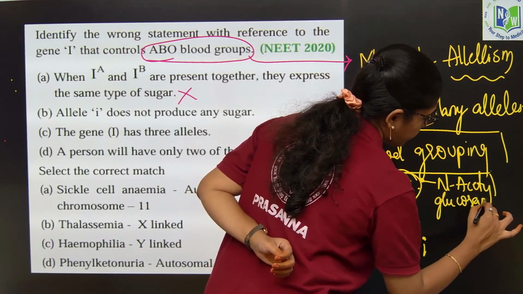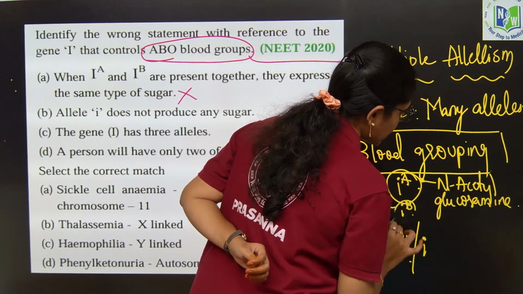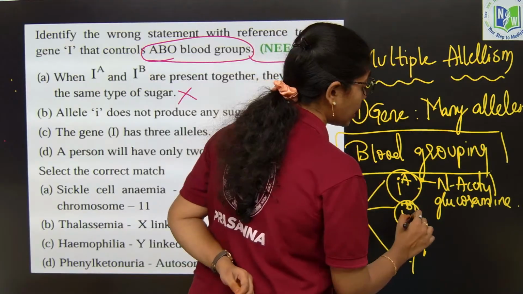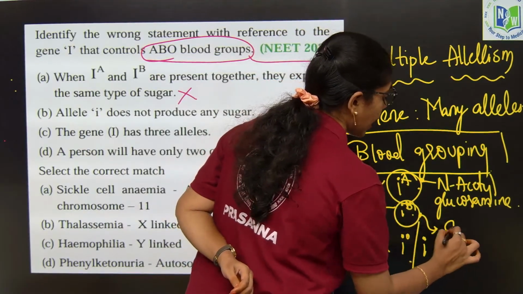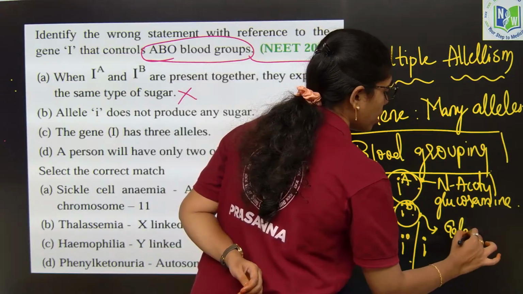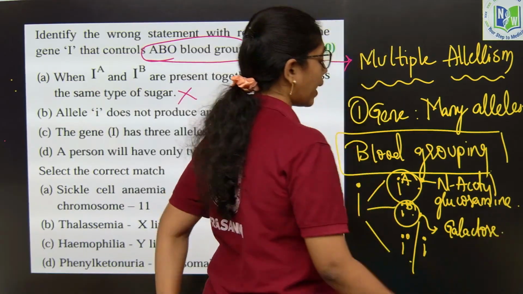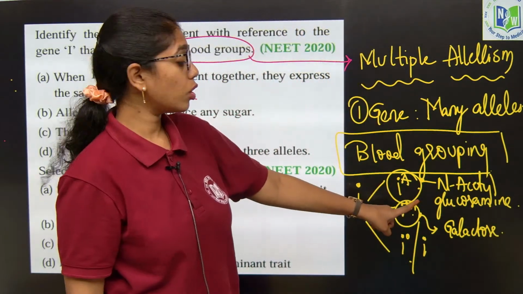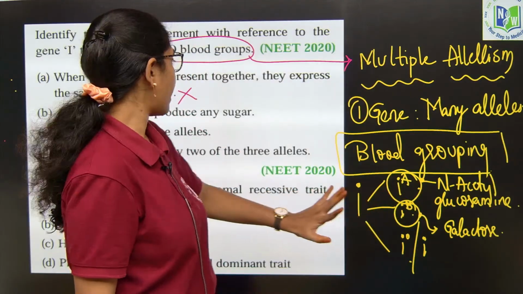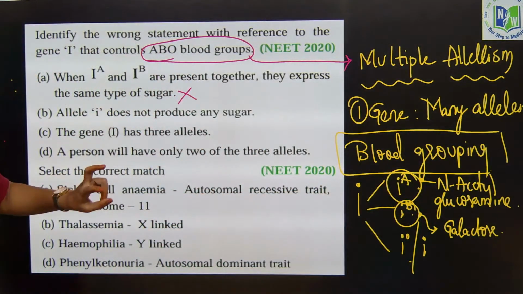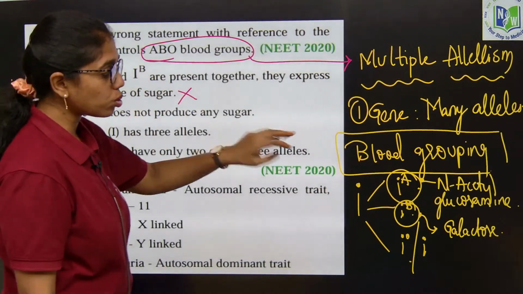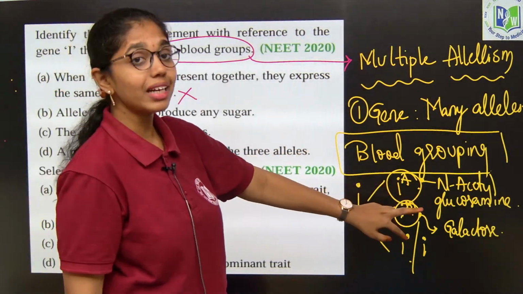Whereas IB blood grouping over the surface has galactose sugar. IA has N-acetyl galactosamine, IB has galactose sugar. So it has two different sugars, and as it has two different sugars, it has two different antigens.